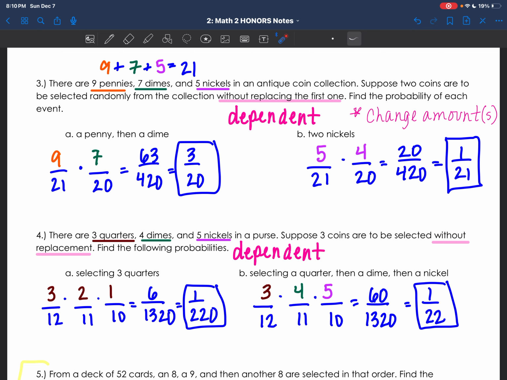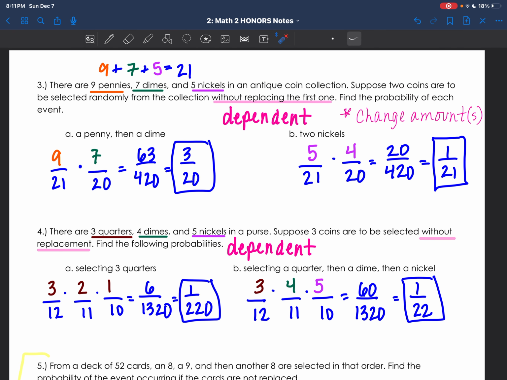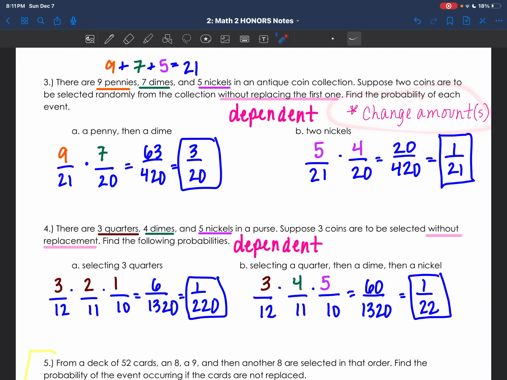And then a dime: if we're not replacing the first one, we're still going to have 7 dimes, but since we took 1 out, instead of 21 we now have 20 left. So we have 21 coins, but we took the penny out, so now we have 20 coins left. Now multiply these and you'll get 3/20. This is a dependent event, and when it's a dependent event, you want to change the amounts, since you're not replacing it.